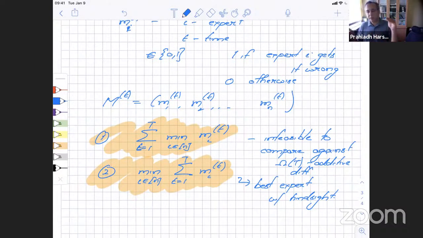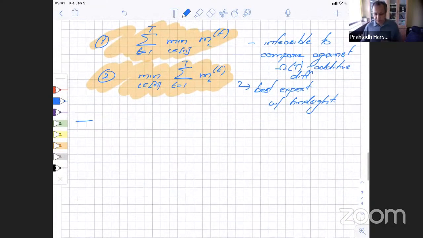We want to make this a much smaller number than T. Simply, we want to make it like little o of T. That will be the goal, and the goal will be to make it as small as possible. And we'll show that against this measure you can do certain things. If this is the measure of comparison, you can do it as well as the best expert with hindsight, and that will be the goal in our problems. Okay. So this will be our measure.